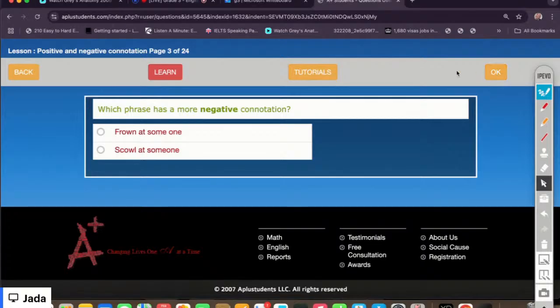So we have, which is negative, frown at someone or scold someone? So when you scold, it is more negative.